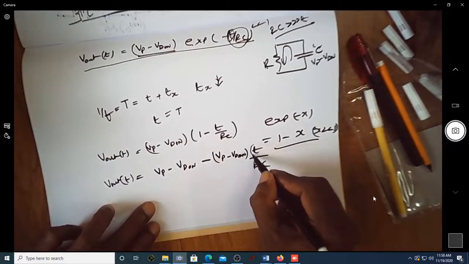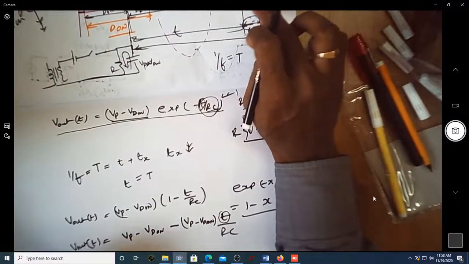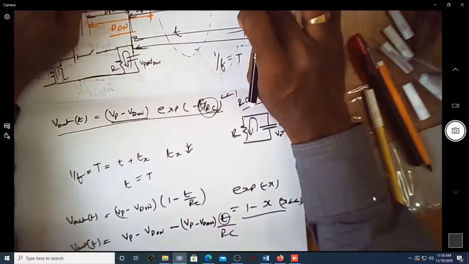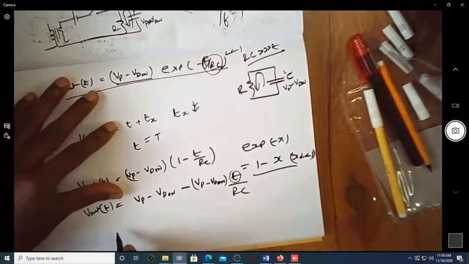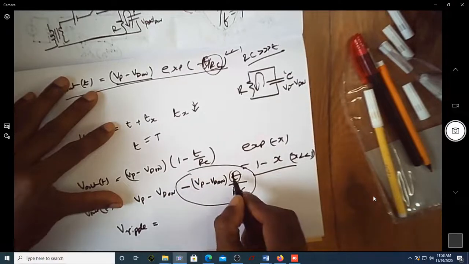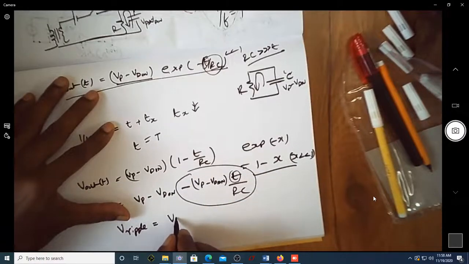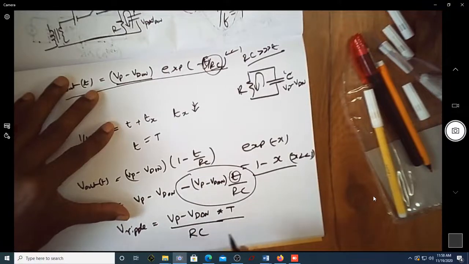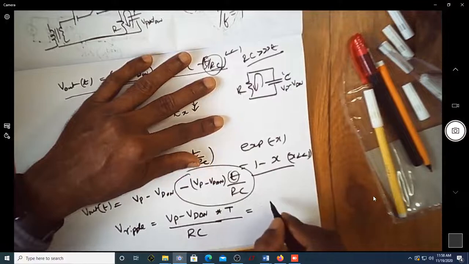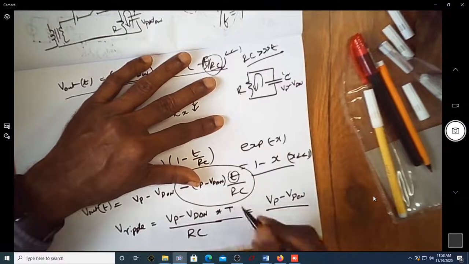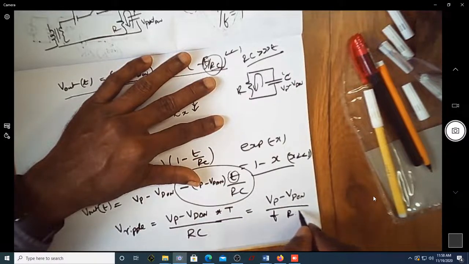If this T becomes equal to the overall period, shall we consider this as the ripple voltage? So the magnitude from here to here. So I can write the ripple voltage as this quantity, replacing small t by capital T, equal to Vp minus Vd on multiplied by T by RC. So this can also be written as Vp minus Vd on, because this T is nothing but 1 over F. I can write it as F first.